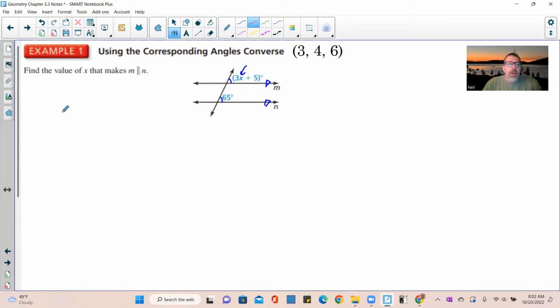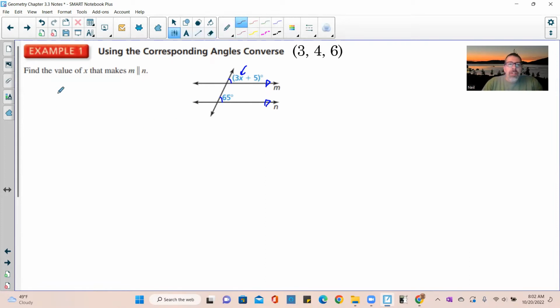So here we go. All we have to do is say 3x plus 5 equals 65 degrees. Okay, so there's our formula, if you will. There are no givens. Well, the formula would be, if this was angle 1 and this was angle 2, you'd say the measure of angle 1 equals the measure of angle 2, or is congruent. Actually, let me do that just to get familiar with this. If you wrote that, that's fine.